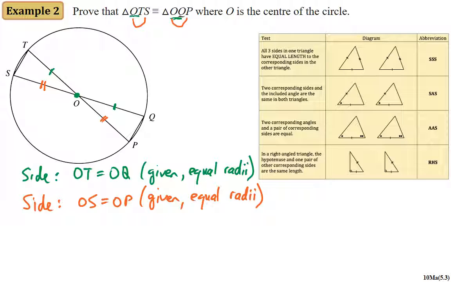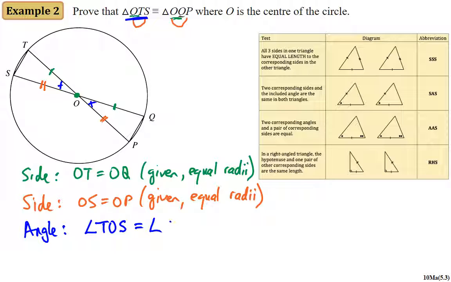And the last one, which we'll do for this one, is we notice that those two angles are the same because they are vertically opposite. So angle, we'd have angle. Now if I use TOS, that means I've looked at this triangle here. T is the second letter, O is the first, so it goes second letter, first letter, third letter.